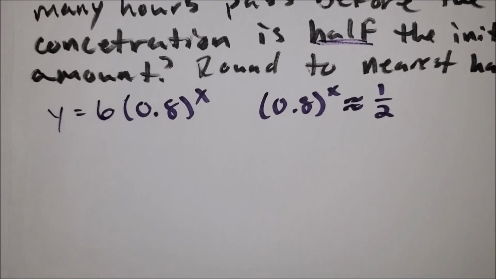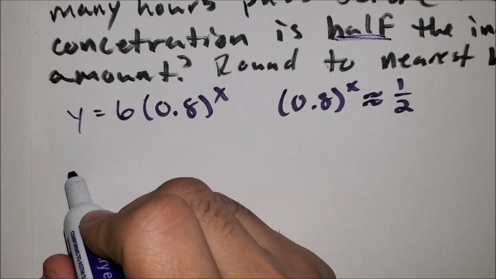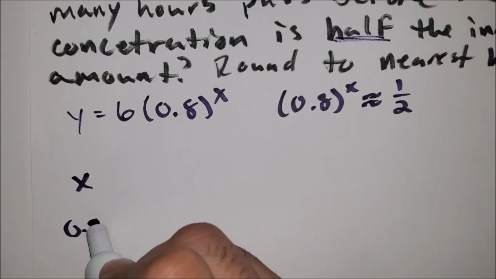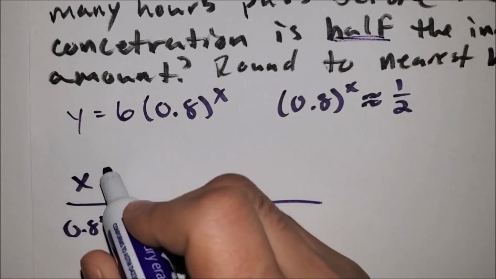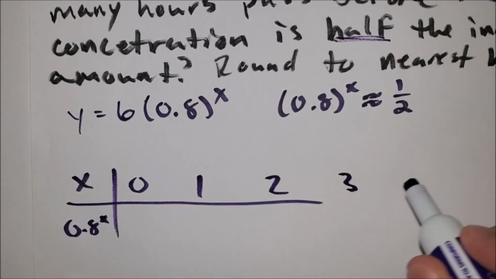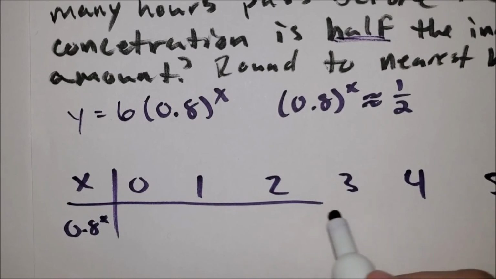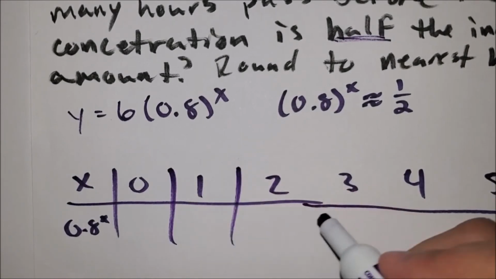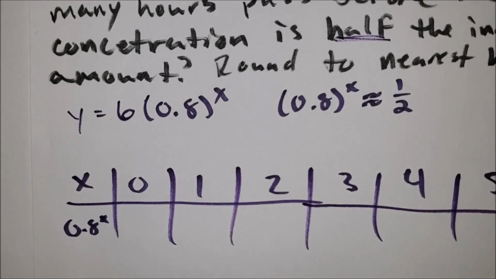So we're going to do the same thing we did in the last one. We're going to go ahead and make a table of x and 0.8 to the power of x: 0, 1, 2, 3, 4, 5, and if we need to, we'll just go on past that.